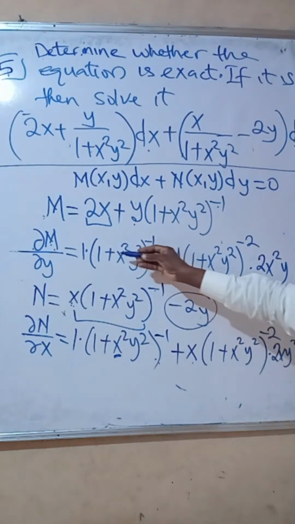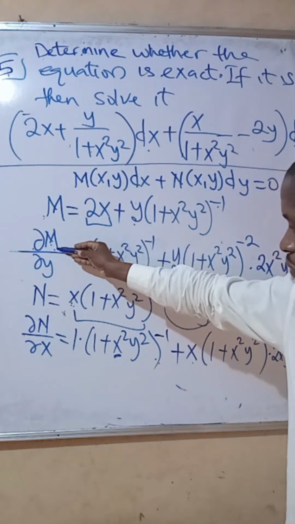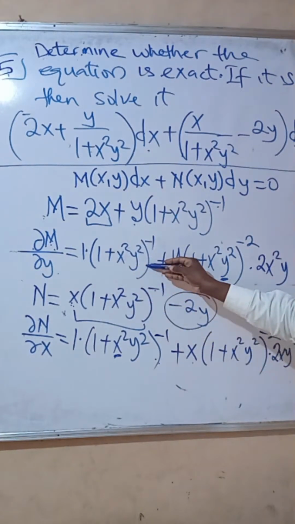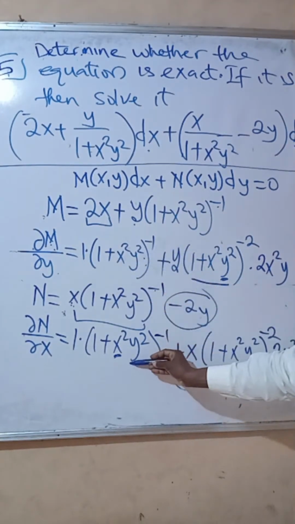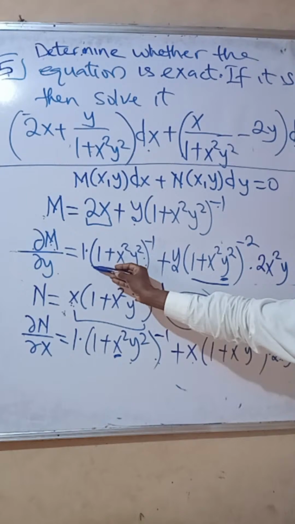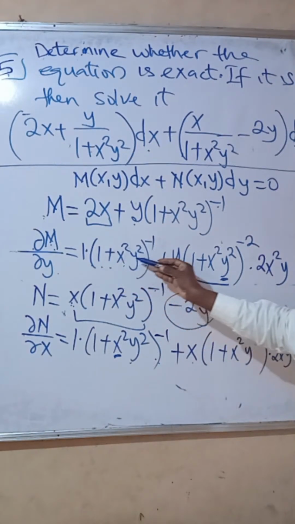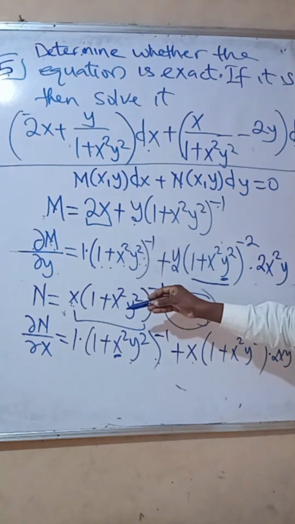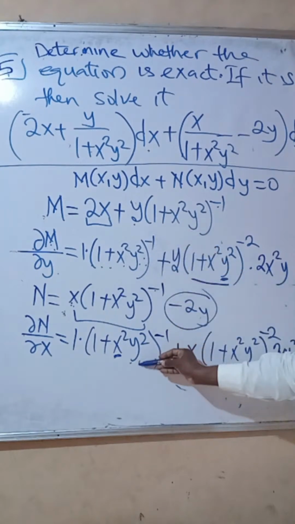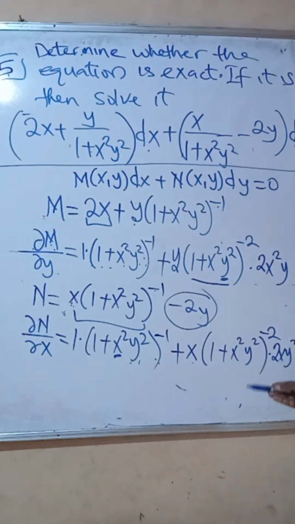If you check it now, you don't need to do the arrangements. Look at partial differential of n with respect to y. The first part is there. It's also the same thing here: 1 times (1 plus x squared y squared) to the power minus 1. Check the second part: x is here, x is here. That's 2x squared, this is also 2x squared.